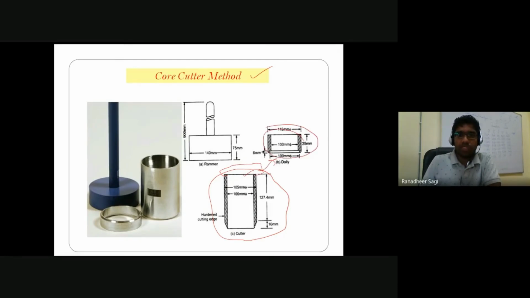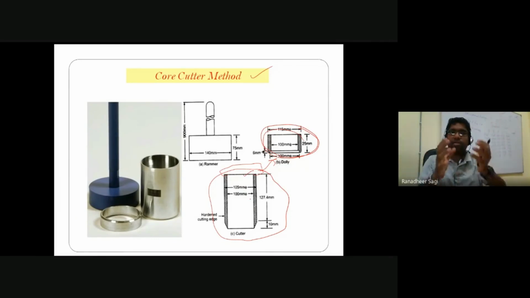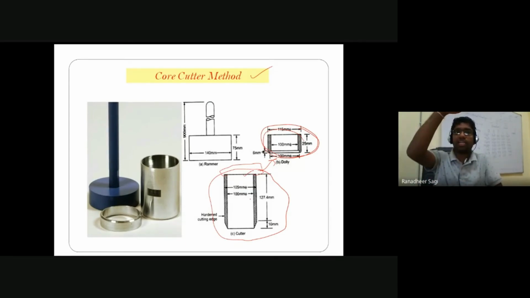Now, what is the purpose of this dolly? You are going to apply external loading on this hollow cylindrical mold to push that mold to penetrate into the ground. In the process of this core cutter method, what we ultimately do is push the hollow cylindrical tube or mold into the ground.